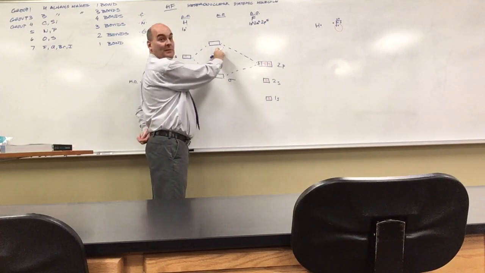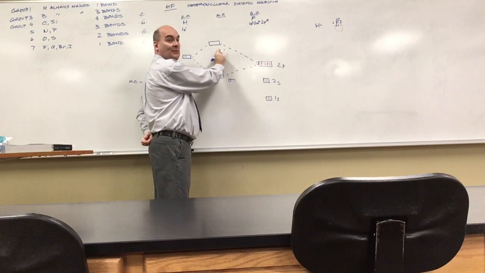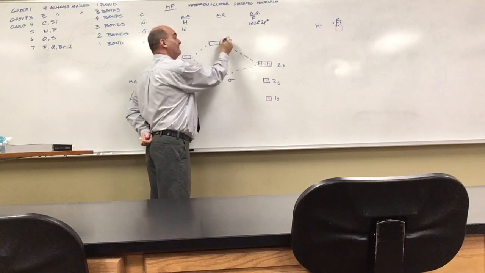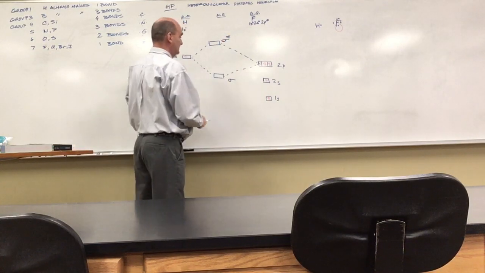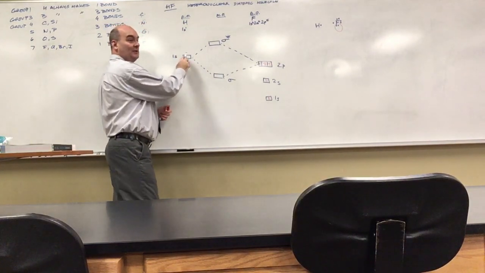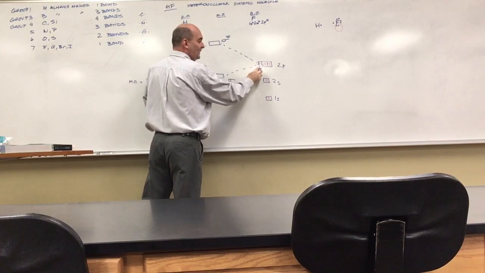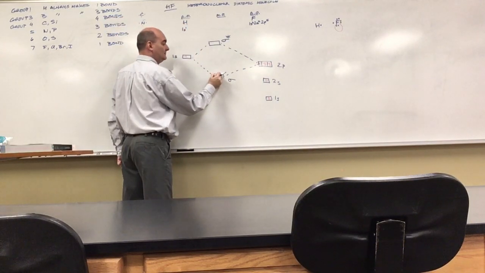The other molecular orbital is going to be higher in energy than the others. What's that one going to be called? The anti. That one bonding electron and this one bonding electron go here.